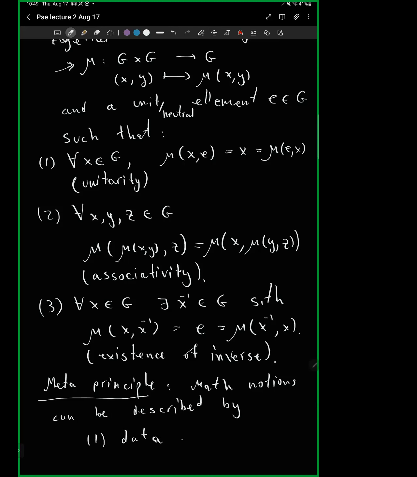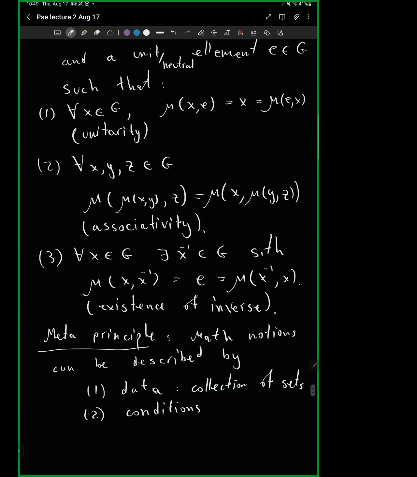This data is basically, from the axiomatic point of view, just a collection of sets. And two conditions that this data needs to satisfy.